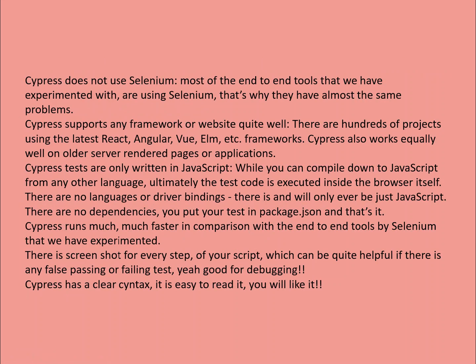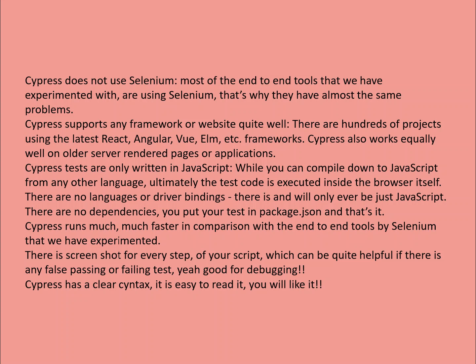Moving on to the advantages. The first one is that Cypress does not use Selenium, which is one of the unique characteristics of Cypress. As I have already mentioned, Cypress supports any kind of web framework or website quite well.